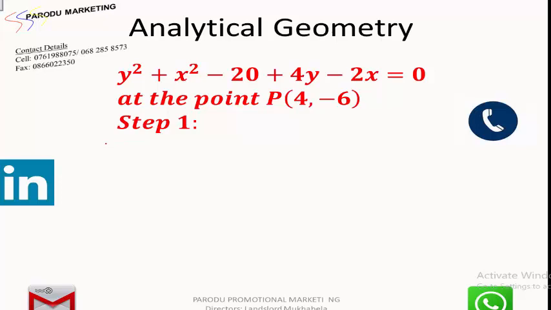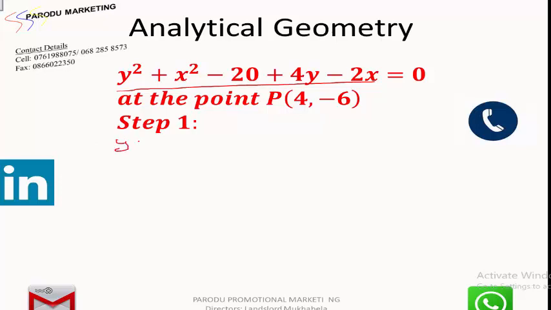So firstly, when you are finding the center of the circle, you need to rewrite the equation in an orderly manner.